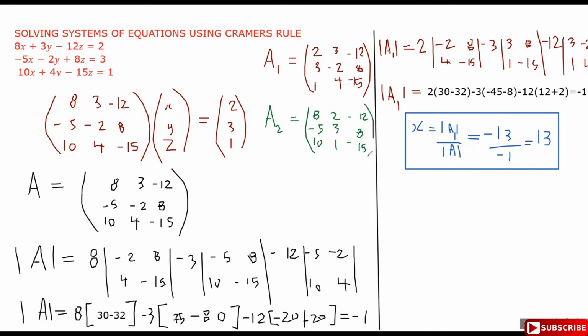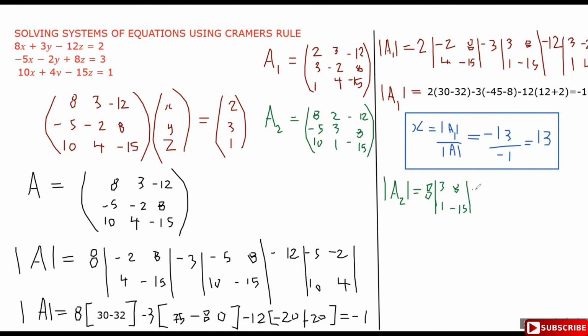Nice. So now we're going to find the determinant of A2. So the determinant of A2 is just going to be equal to 8 times the determinant of 3, 8, 1, minus 15.